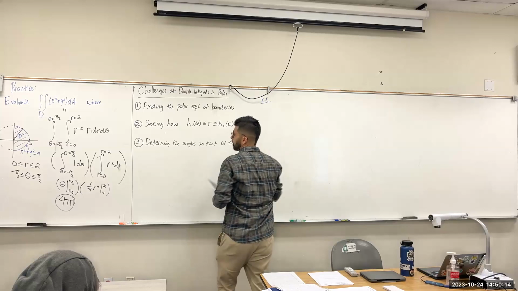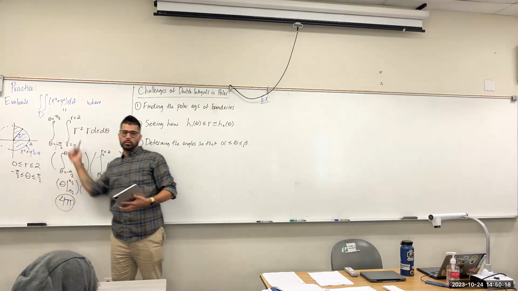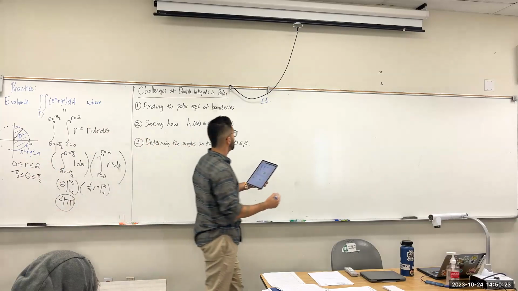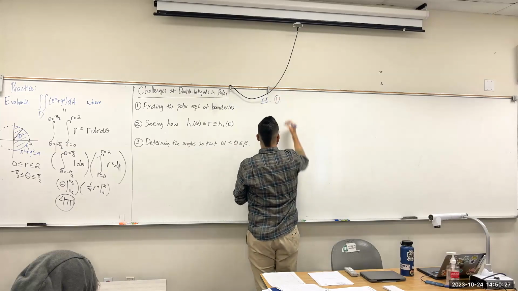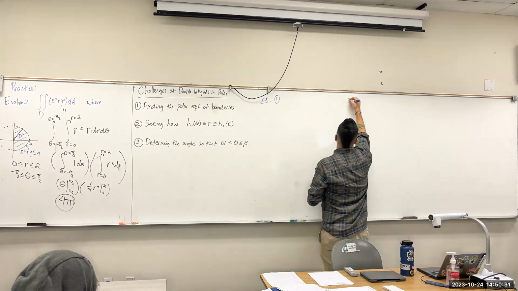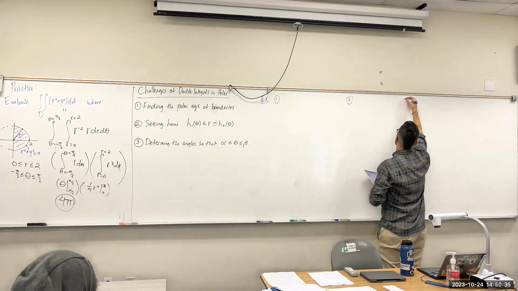And all I want you guys to practice is finding the bounds. Don't worry about the integral part. I just want you to practice finding the bounds. Okay? We'll do it together. But you guys are going to help me. So 1, 2, 3.